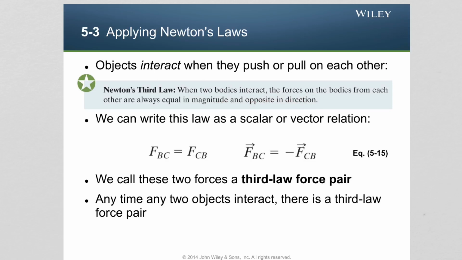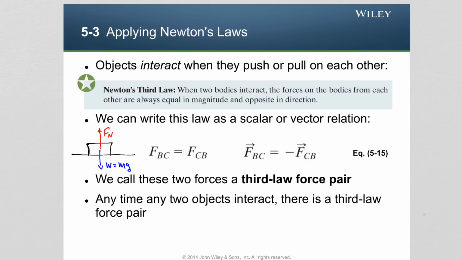The simplest example that I can give you is a block that is resting on a surface. We talked about that already. We know that the block is going to push down on the surface with its weight. We also know that the surface is going to respond with a normal force.